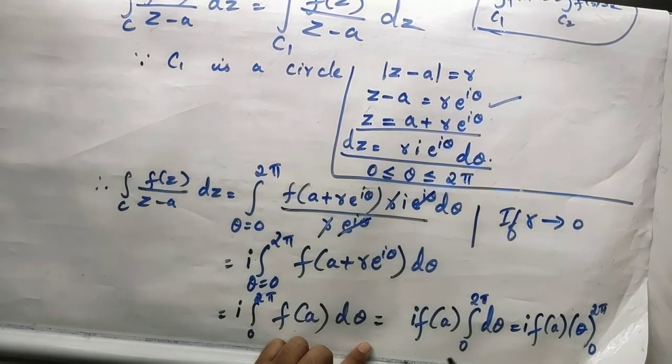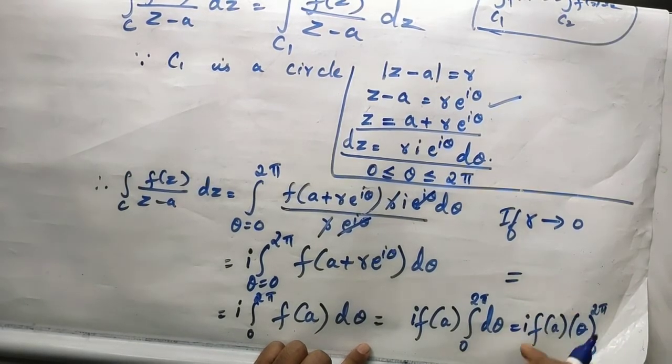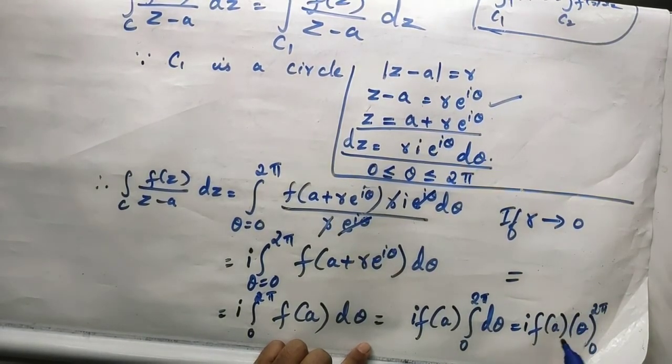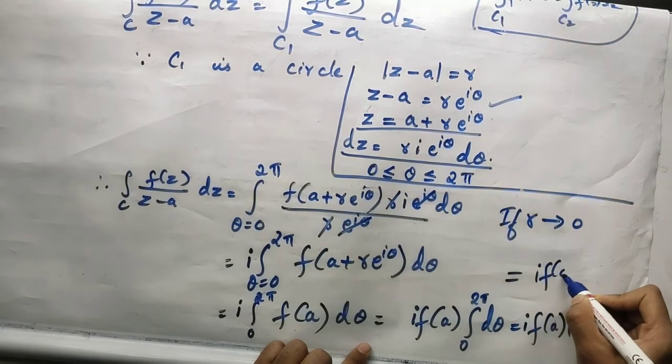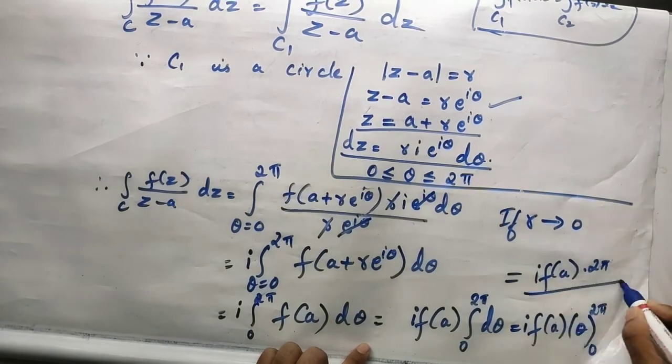For the final answer, I do not have enough space, I'll just continue it here, please make a note. So it will be i into f of a into 2 pi minus 0, so 2 pi.